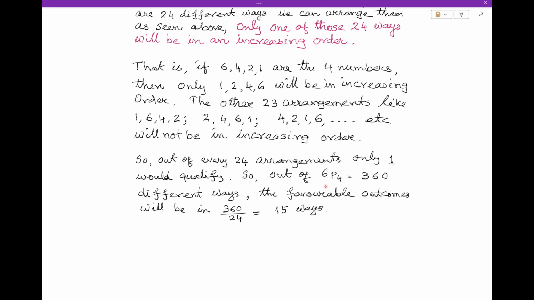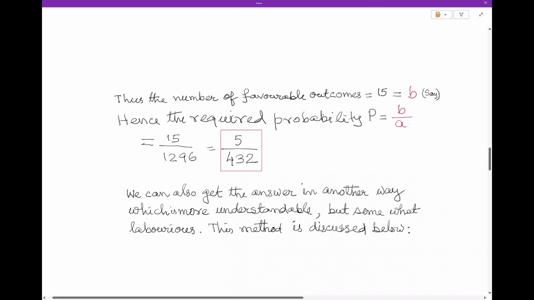So, out of every 24 arrangements, only one would qualify as a favorable outcome. So, out of 6P4, that is 360 different ways, the favorable outcomes will be 360 divided by 24, that is 15 ways.